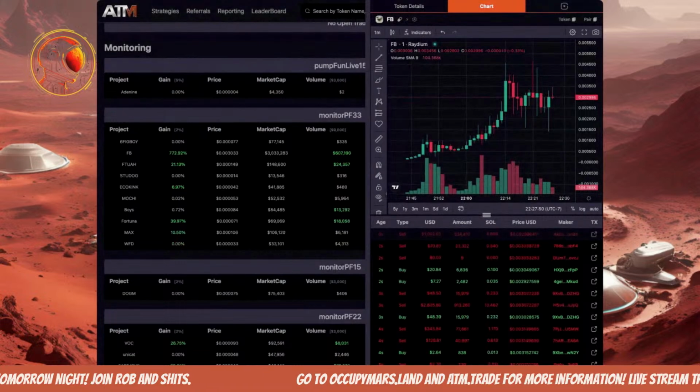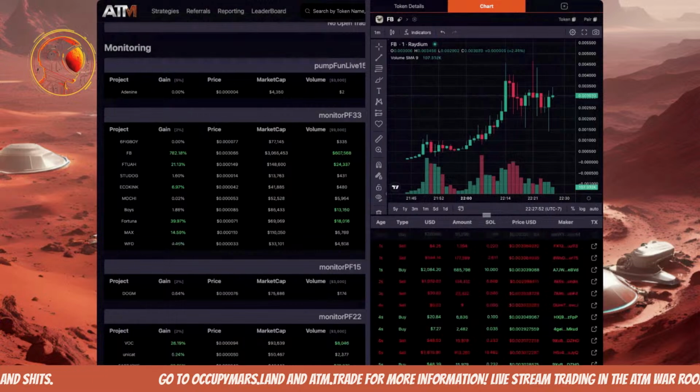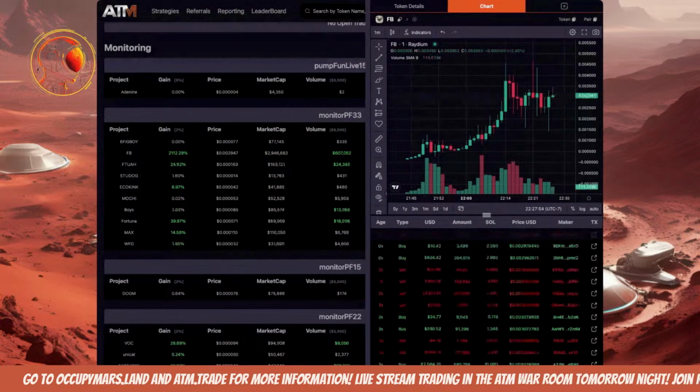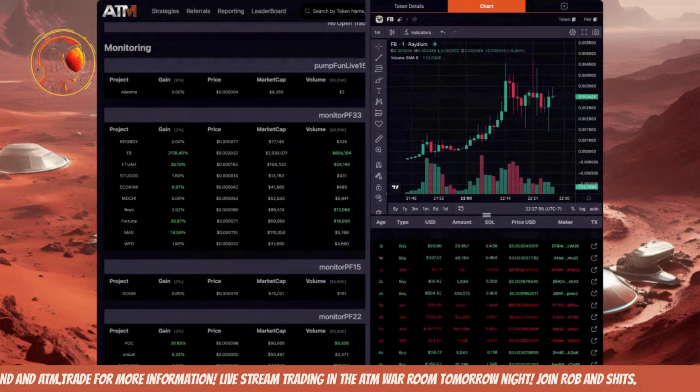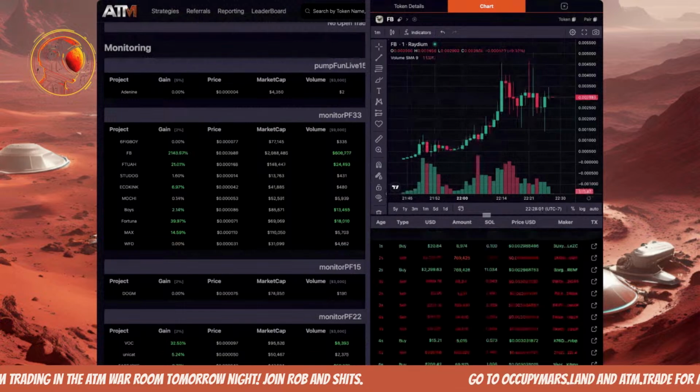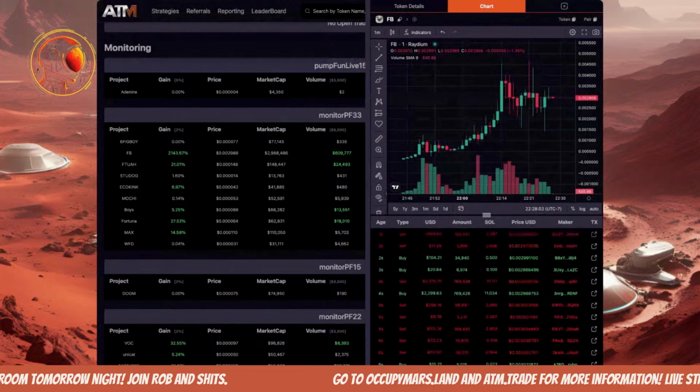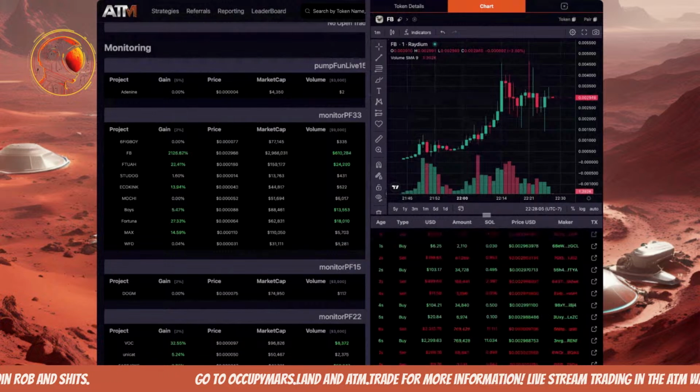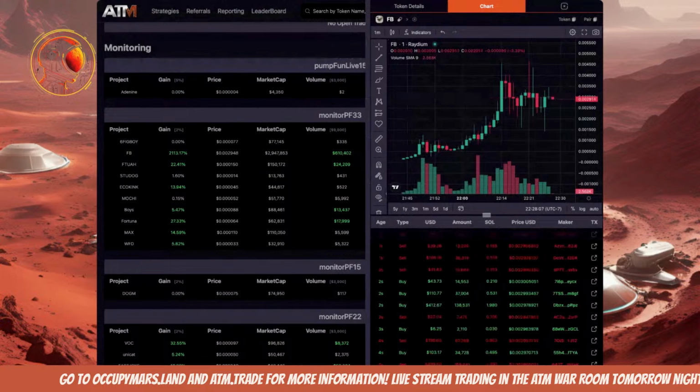You see how fast it goes in and out? It scalps, it does all these different things. So if you've got 20 transactions on a user on Photon and 1,000 or 2,000 transactions on an automated user on the ATM, you can easily see the difference in revenue potential.